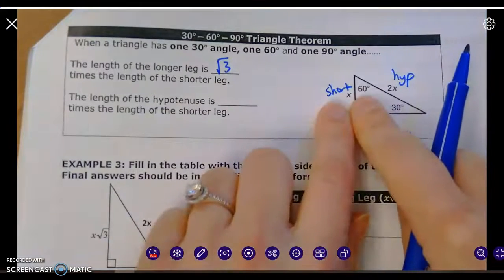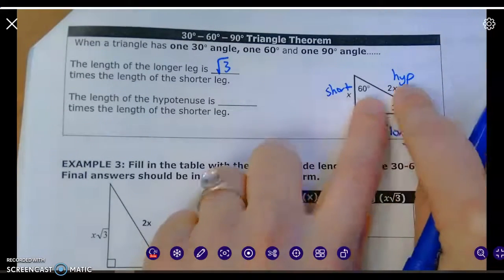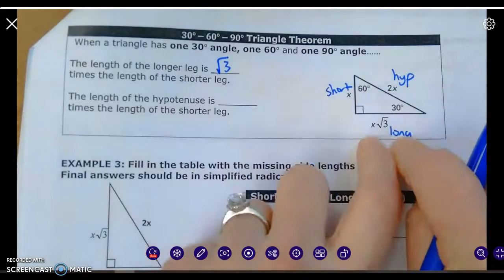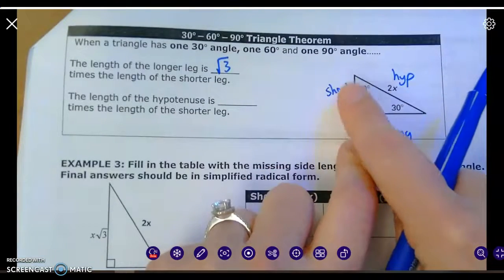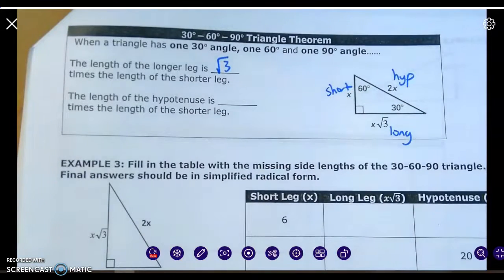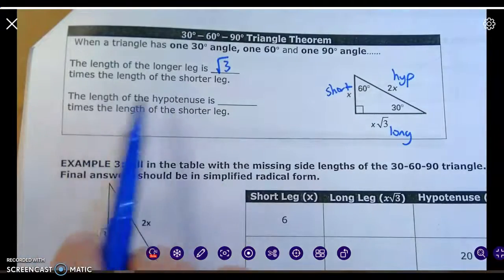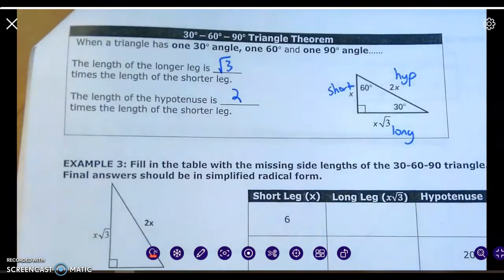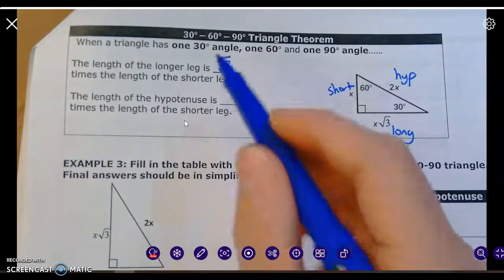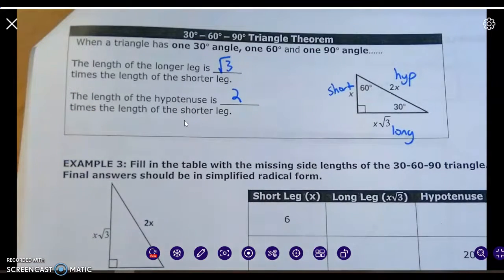If we start with the short leg, that's the easiest scenario because we just take it times 2 or times root 3. That's the ideal situation, but that doesn't always happen. The length of the hypotenuse is 2 times the length of the short leg. So we're using now 2 different numbers to find our missing pieces.